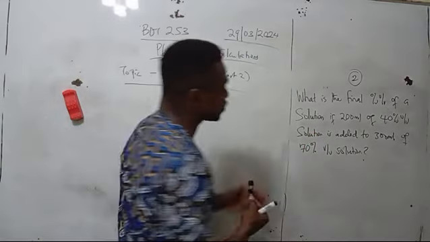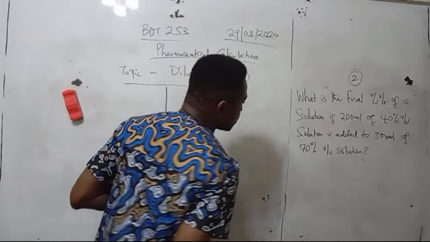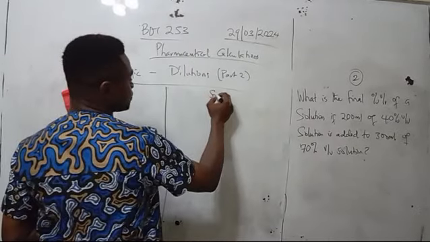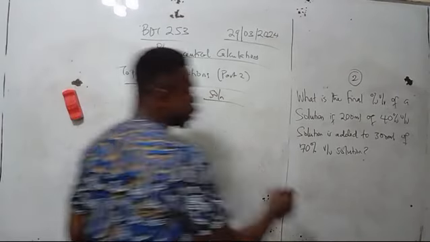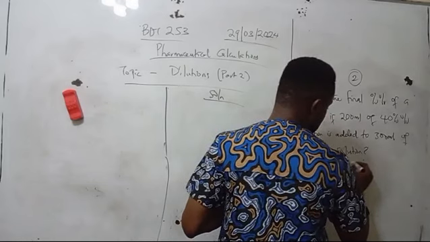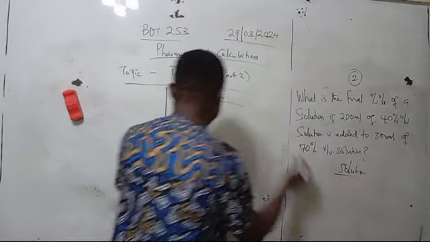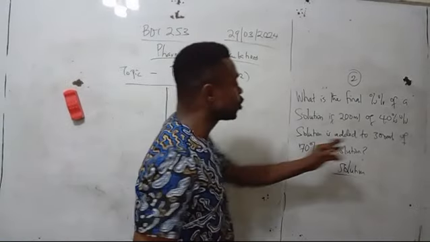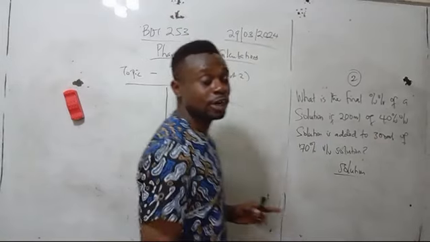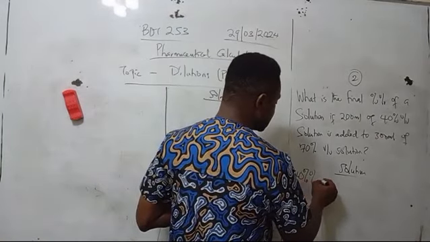If we have 40 ml in 100 ml, how many ml of the active ingredient will be in this 200 ml? Let's call it X. So X is 40 ml times 200 ml all over 100 ml.